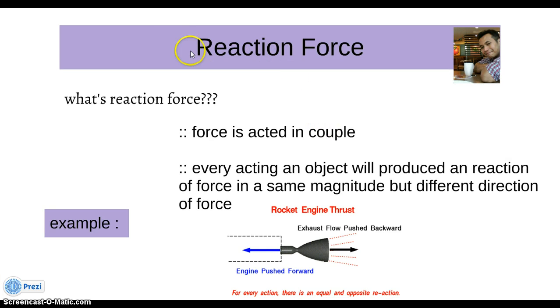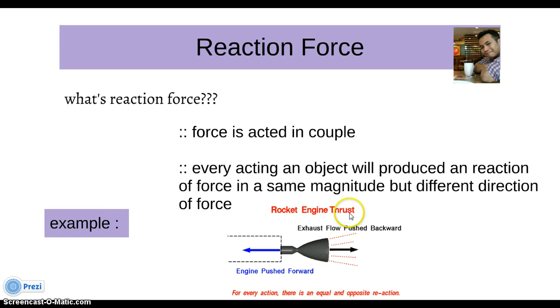So next, there is Newton's third law, the reaction force. So what exactly does the reaction force mean? Forces act in couples. Every action on an object, whether we push or pull, will produce a reaction force of the same magnitude but in the opposite direction. For example, here we have a rocket system.